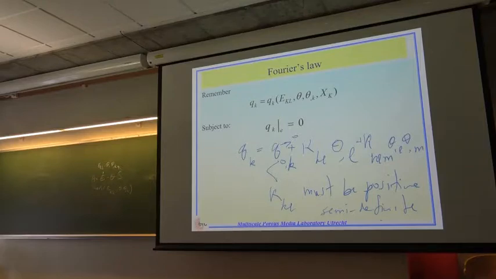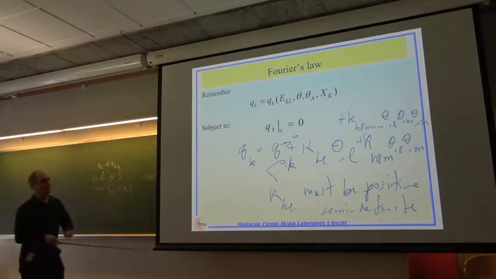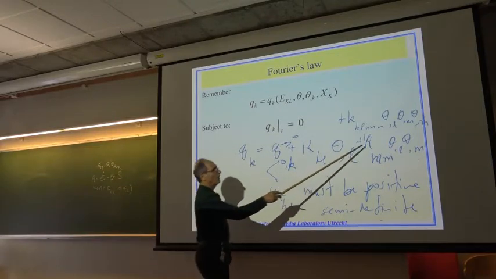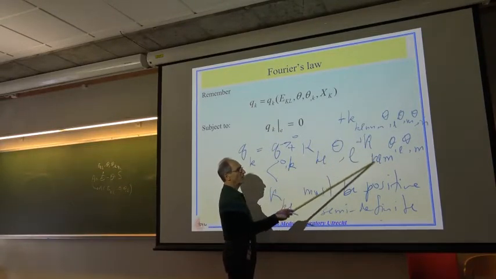One more term? Well, yeah, this term you can forget about. The next order term is plus kappa_klmn theta_l theta_m theta_n. Now this term must be zero because there is no third order isotropic tensor. Yeah, exactly.